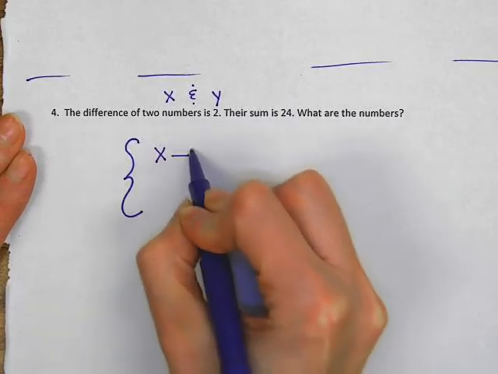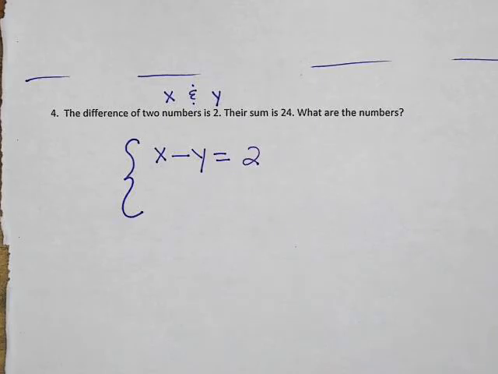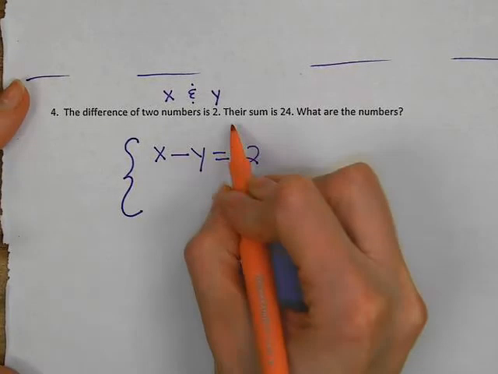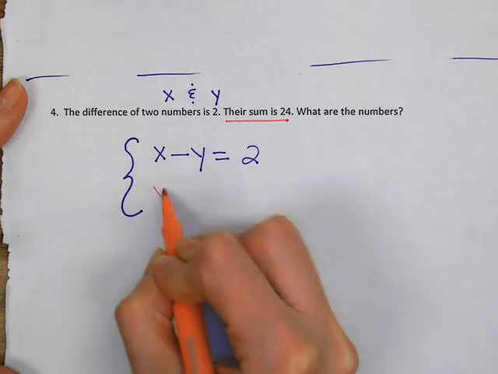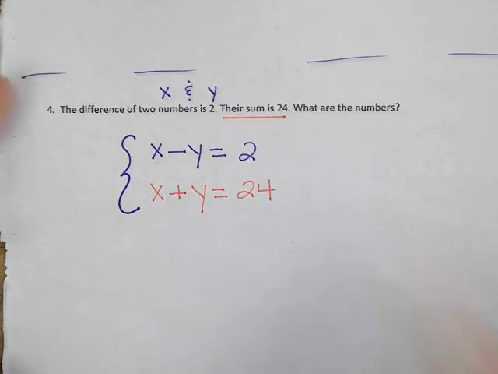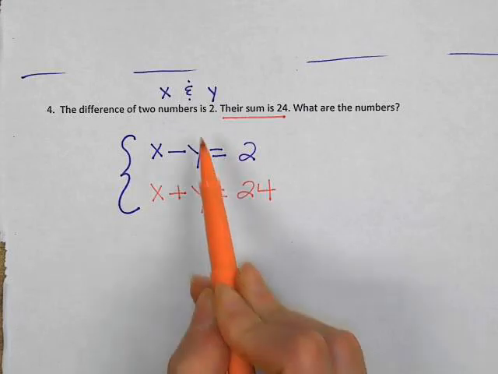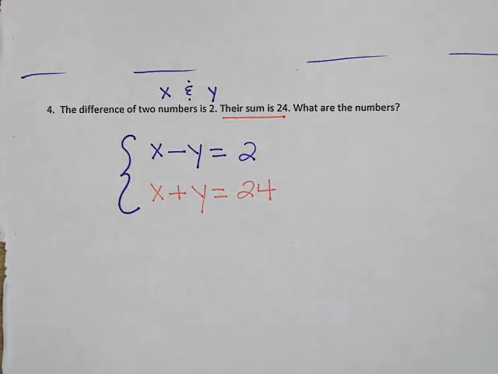So X minus Y equals 2. Okay, and then the second equation is sum. And how do we write sum? That's X plus Y equals 24. Super easy. This one is beautifully set up for elimination, and you guys could solve.